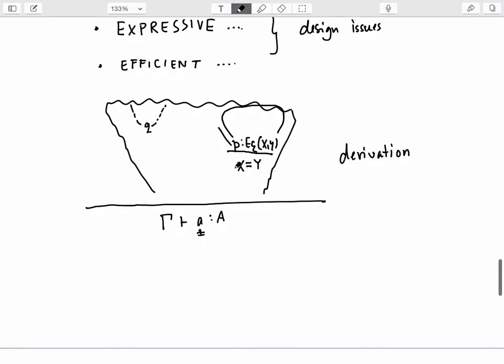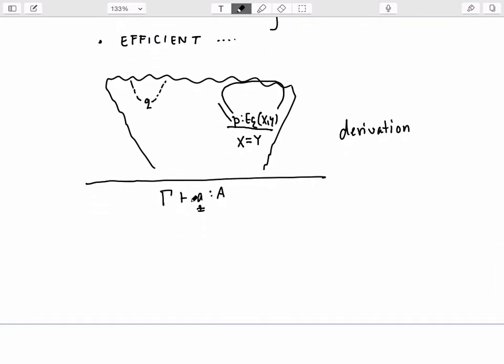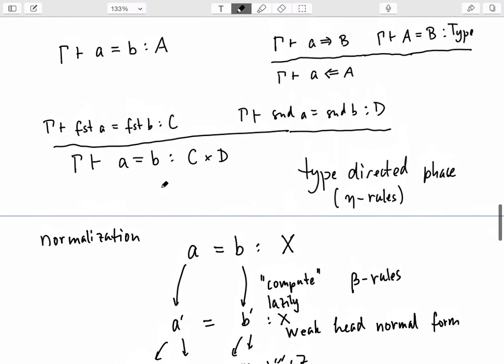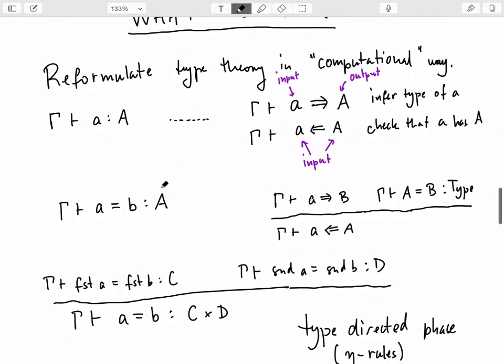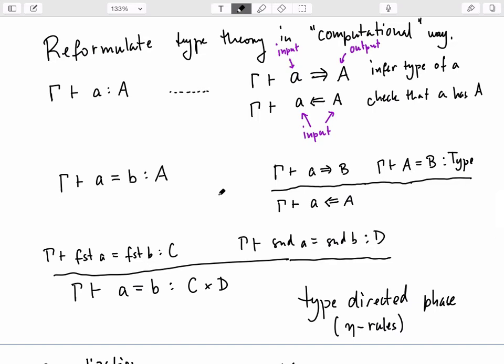Okay, so I would try something as follows. I would try this algorithm which I have here, the algorithmic reformulation of type theory, which says, well, you have the type inference and type checking phases, and they're connected by an equality check.